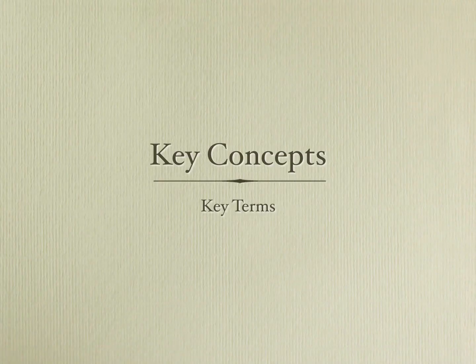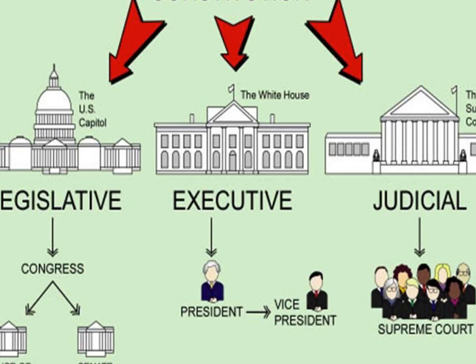All right, so what we're going to do is talk about some key concepts and key terms that specifically relate to American government. So the first basic thing that you should know is that we have three branches of government in the United States. We have a legislative branch, an executive branch, and a judicial branch.